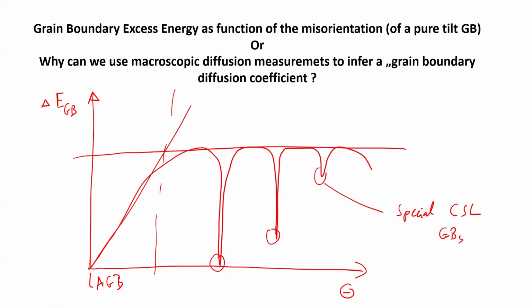So it means that for the majority of different high-angle grain boundaries, the specific grain boundary excess energy will be rather independent of misorientation, and that means also that the grain boundary diffusion coefficient will be independent of misorientation. And the other ones where it's very different have very much lower diffusivity, so they don't contribute so much. So this is basically what we measure.